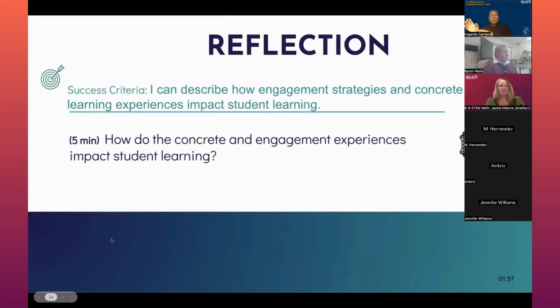So to close this up, how do the concrete and engagement experiences, bottom line, make an impact on our students? We had a chance to see that with the probability activity in 7th, and then 6th grade using algebra tiles, not 8th, but we can transfer that. What would be a good response for this final reflection?